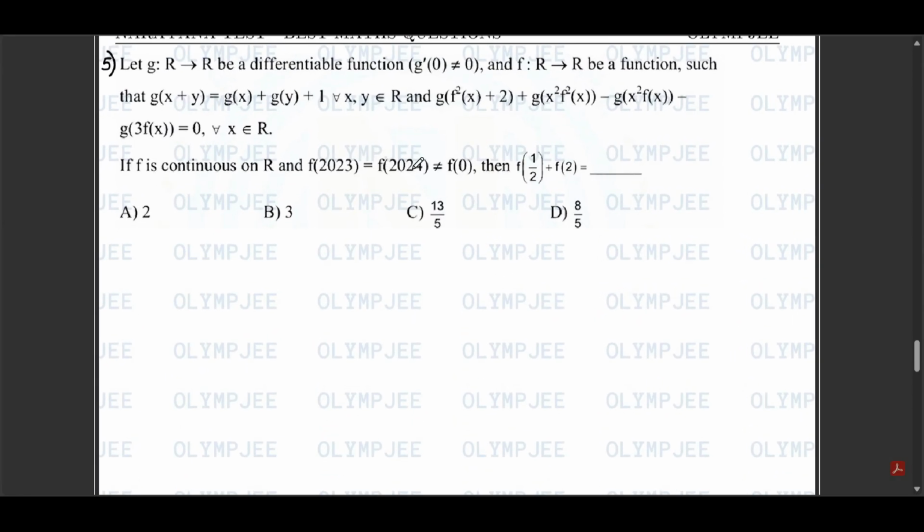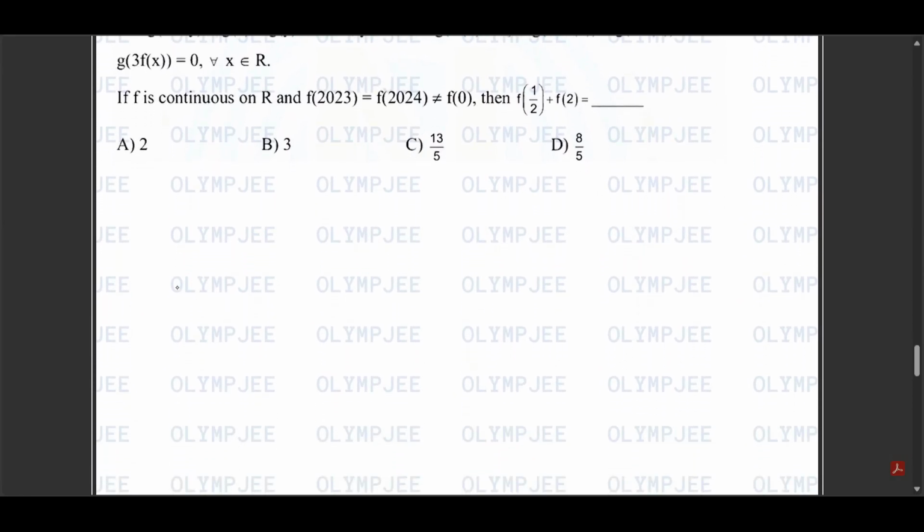So let us start. So first we are given that G of x plus y is G of x plus G of y plus 1. So whenever we are given such type of functions, we have already remembered the solution to these kind of functions. But this is a bit different from the functions that we remember. We remember for G of x plus y is equal to G of x plus G of y.